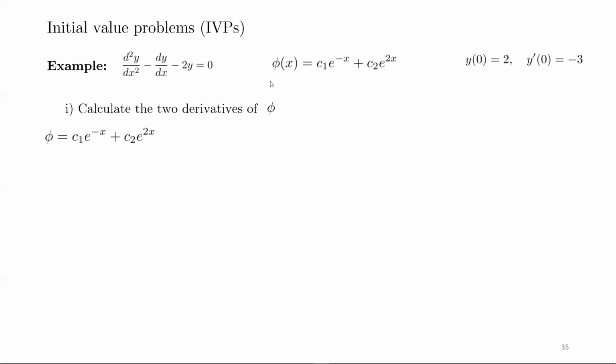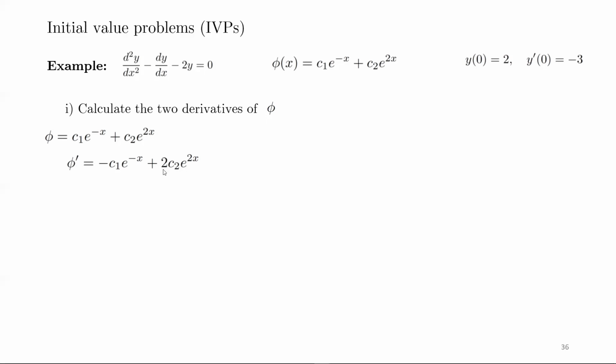So to show that this function satisfies the ODE, we better calculate some derivatives. You'll notice in the ODE we need a first and a second derivative. Taking the derivative of exponentials is very easy. We simply get phi prime, the derivative of phi with respect to x, is equal to negative c1 e to the negative x plus 2 c2 e to the 2x.